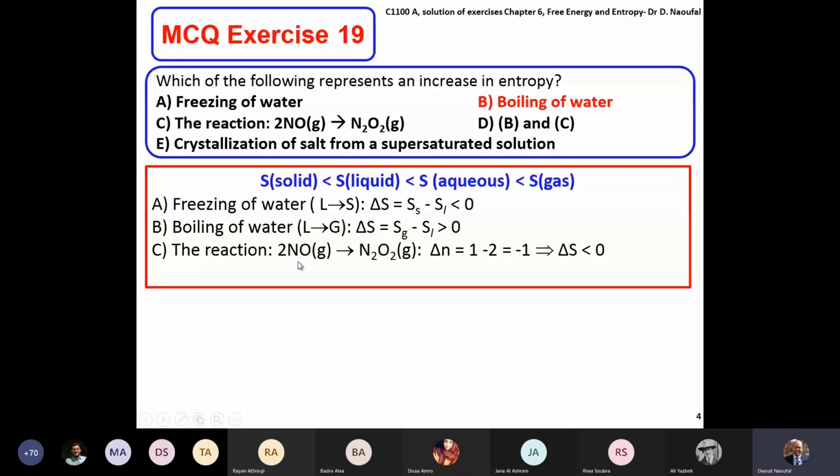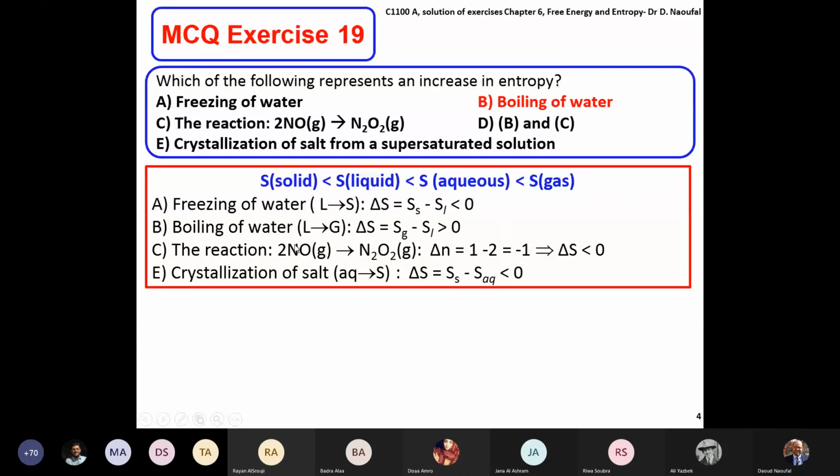C, we have a reaction. We pass from 2 moles of gas to 1 mole of gas. So delta n is equal to 1 minus 2. Delta n is negative. That means the system passed to a more ordered state, and therefore delta S is negative.